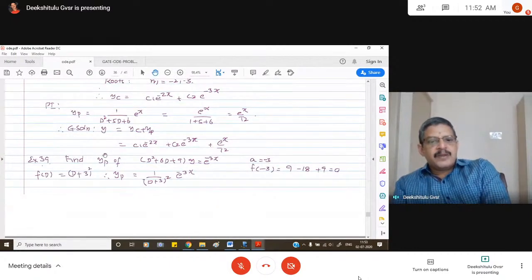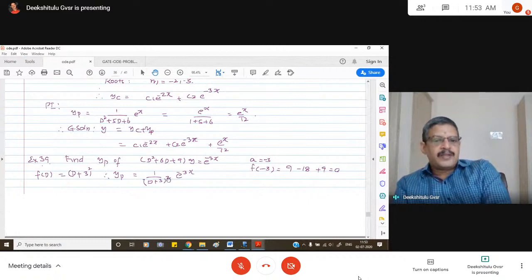Next problem. Find the particular integral of d square plus 6d plus 9 y is equal to e power minus 3x. So here a is minus 3. F of d is d square plus 6d plus 9, so f of minus 3 is 9 minus 18 plus 9, f of minus 3 is 0. So f of d is d plus 3 whole square. And what is phi of d? No more terms are left, so phi of d becomes 1.